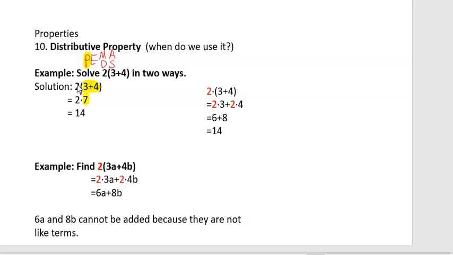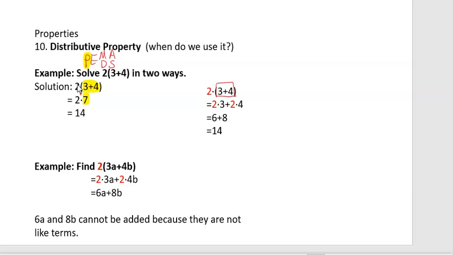But the other way to do the problem is with the 2 in front of the parentheses. Imagine the parentheses being a box. We have 2 items in there, 3 and 4, say 3 bananas, 4 apples. And this 2 in front of the box means 2 times, which means double.